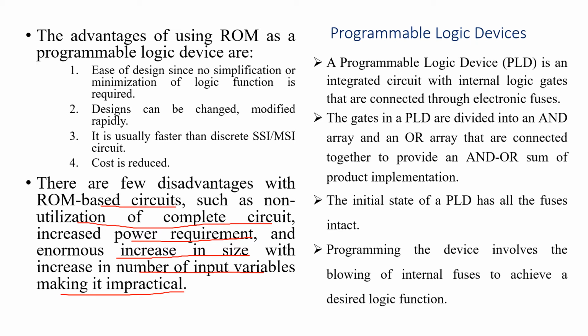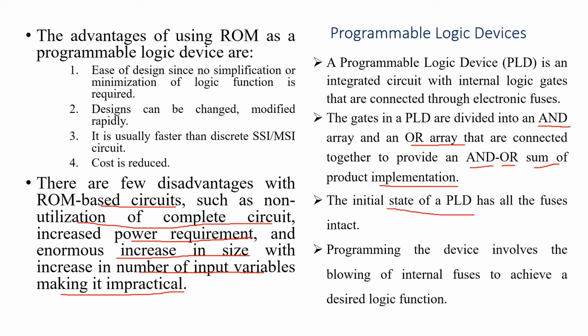A programmable logic device is an integrated circuit with internal logic gates that are connected through electronic fuses. The gates in a PLD are divided into an AND array and an OR array that are connected together to implement a sum of products: AND means product, OR means sum. A series of AND gates and a series of OR gates are used to implement SOP.